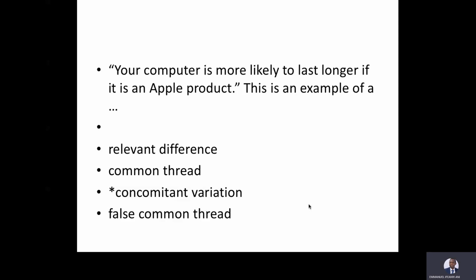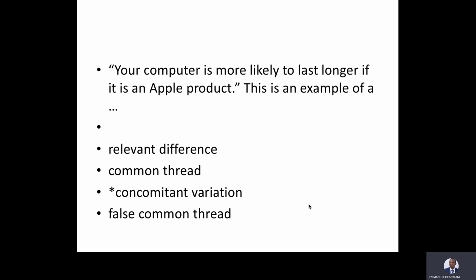Because it is made with stronger materials. And those of us who know Apple products know that Apple products are much stronger compared to other products. And so what it means is that it is about the strength or resilience of the product.